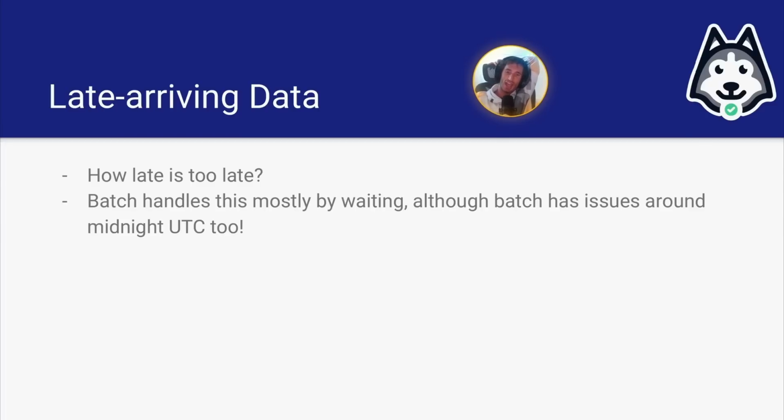So watermarking and late arriving data are similar concepts, but watermarking is more for the 99% of data, and late arriving data is for the long tail of the small amount of data that might come in exceptionally late. Whereas watermarking is more for the data that arrives out of order in the window.